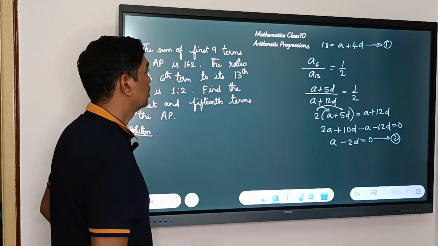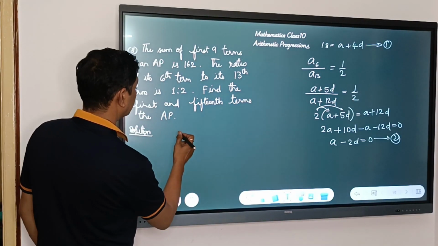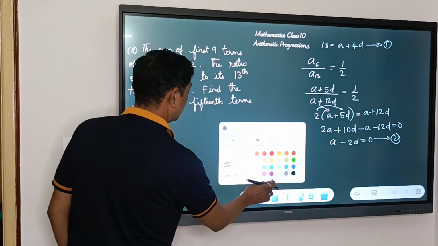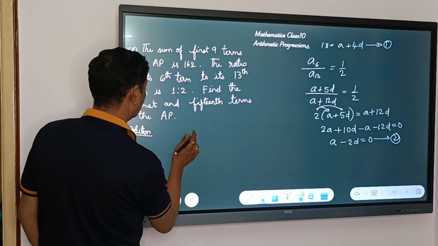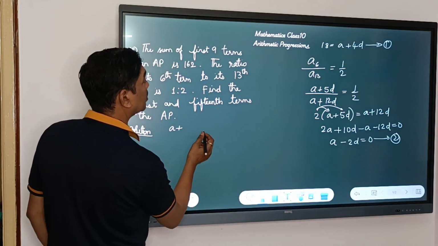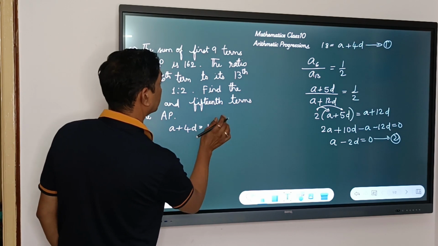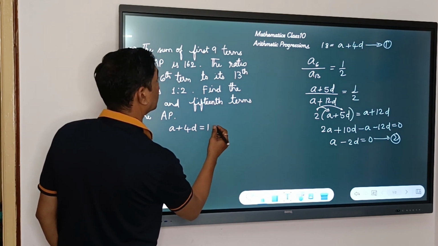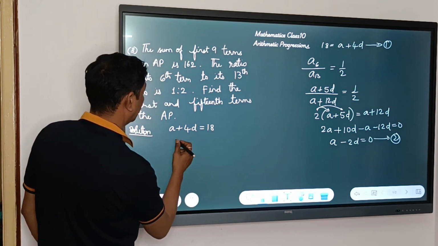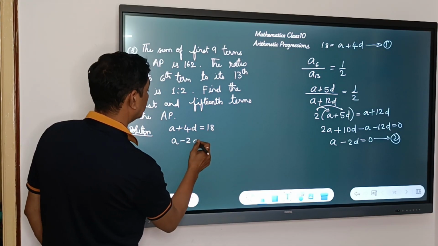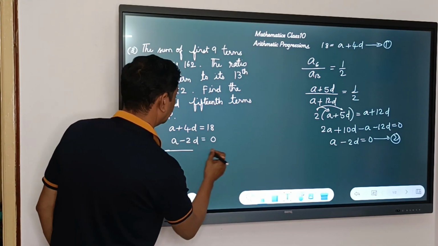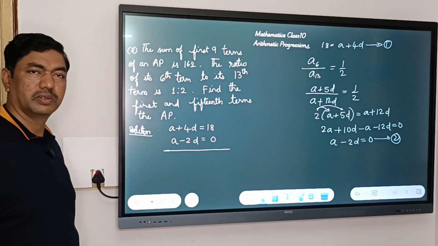So when you see the two equations, that is a plus 4d is equal to 18 and a minus 2d is equal to 0. Solve this by subtracting.